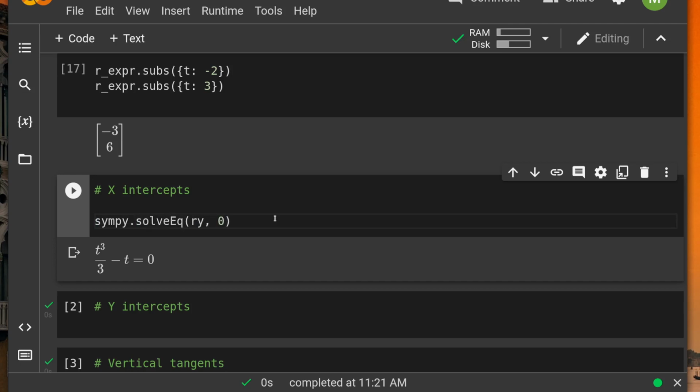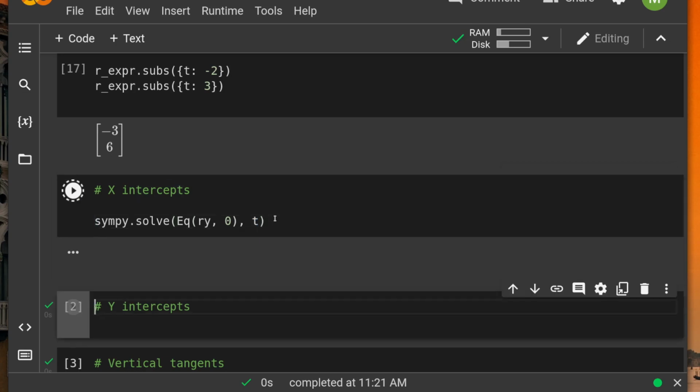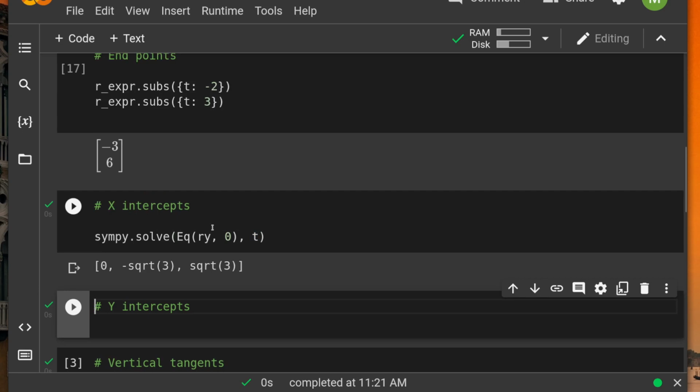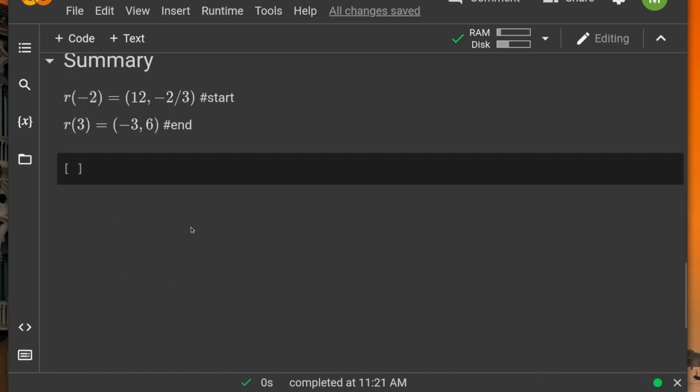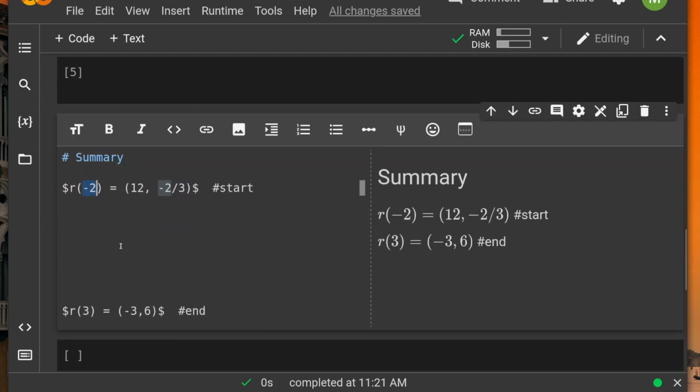So we will solve the equation where the y-coordinate is equal to 0, and we will solve for the parameter t. So the x-intercepts happen where the parameter t equals 0, minus square root 3, and plus square root 3. So let's go to our summary.